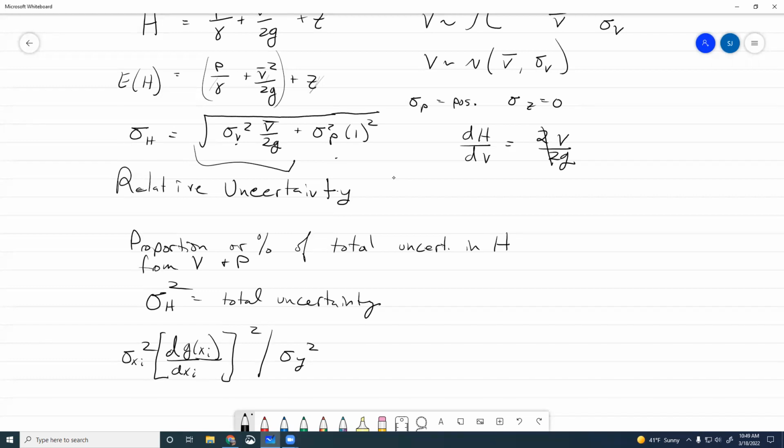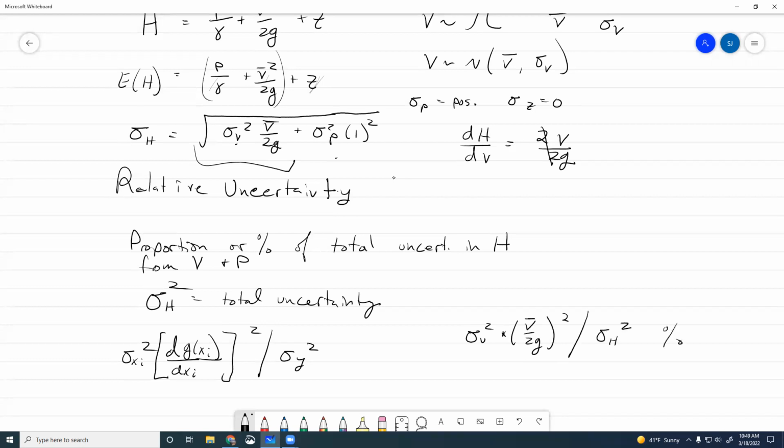So in the case of this little example, we would say sigma v squared times v over 2g squared, all over sigma H squared.